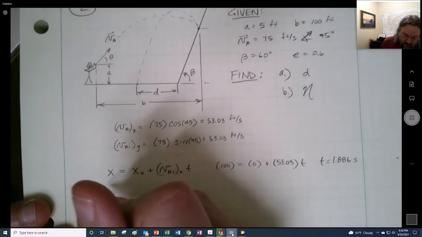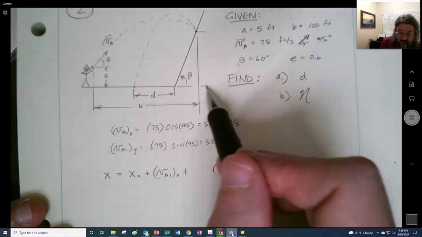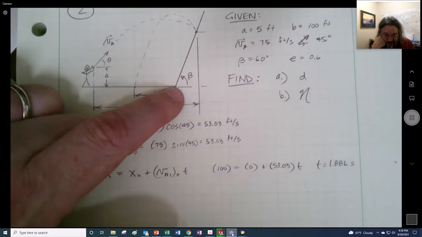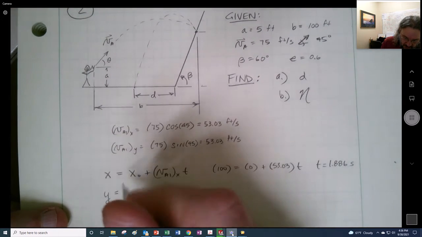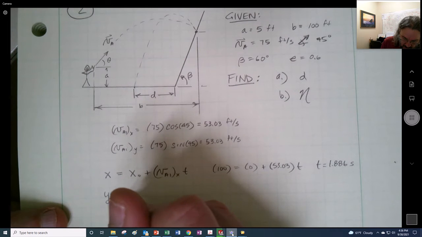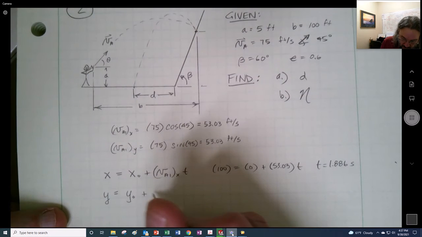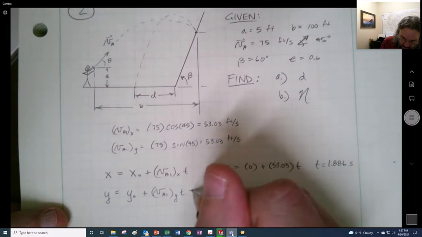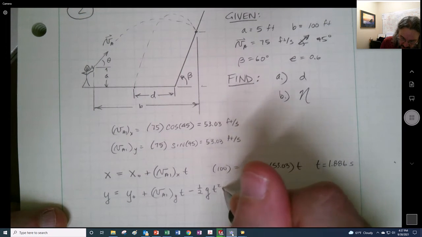So if we know that, we can find the position. We can find out how high it hits. We could actually have done that just from geometry, can't we? No, not necessarily. We don't know where the toe starts, so we need to kind of know that. So let's get the y position onto this thing. That's going to be the y naught, that A right there, plus the velocity in the y direction times time minus 1/2 gt squared, right?